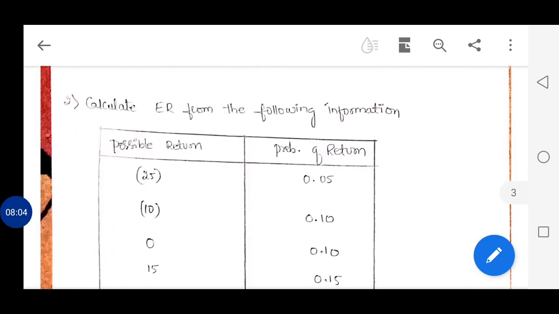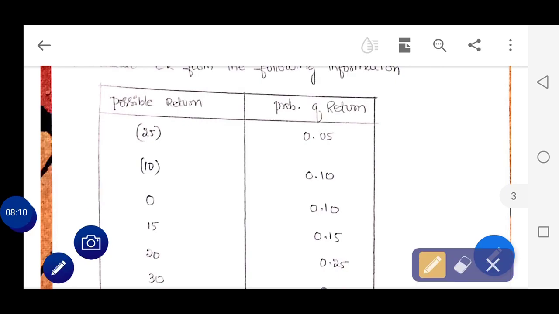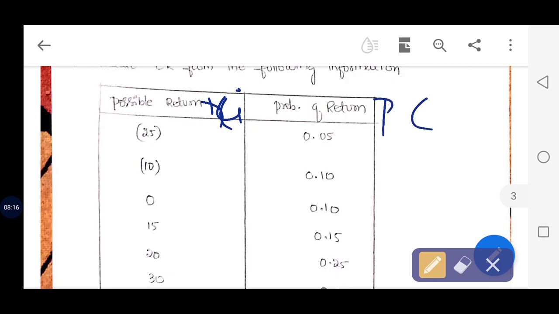The next question is also calculation of expected return from the following information. Here again they have given possible returns, this is xi, and this is pxi. Here the possible returns in the first year are minus values, meaning they are showing losses.